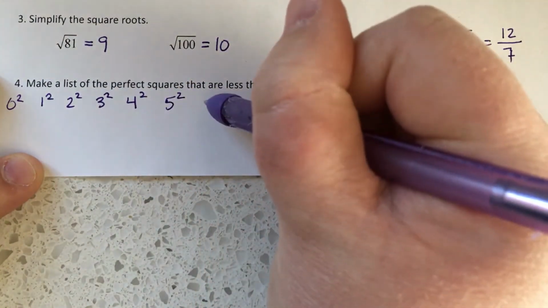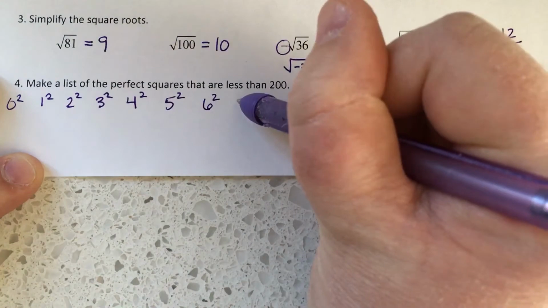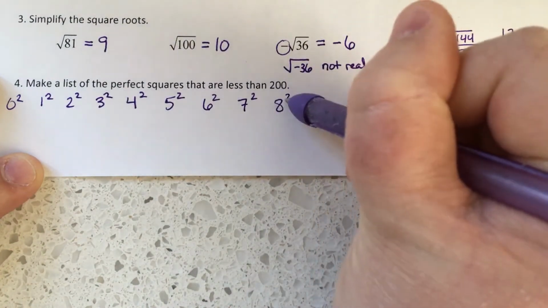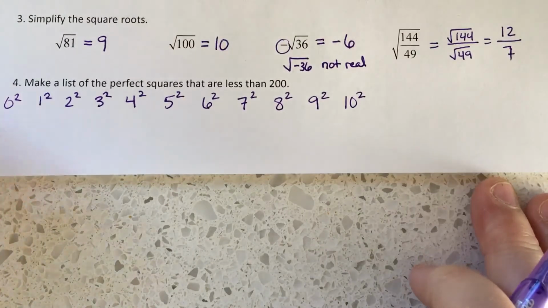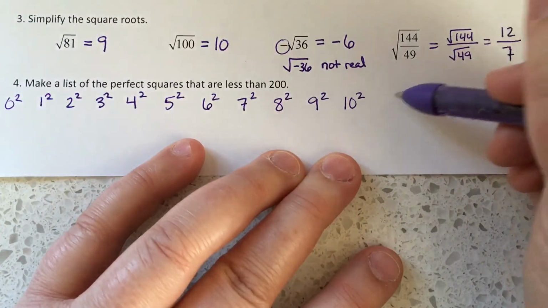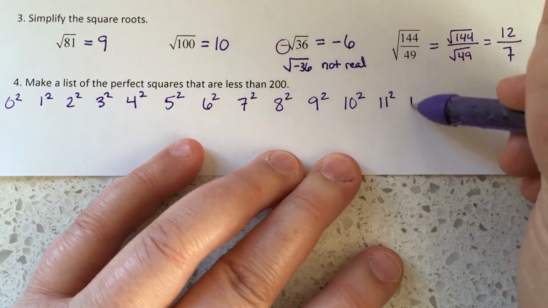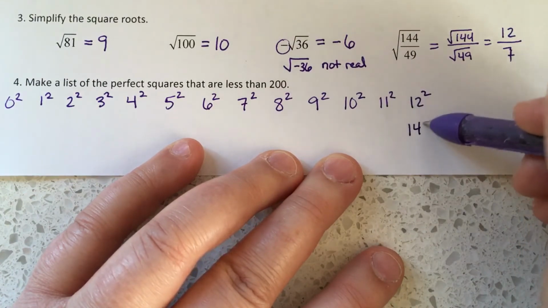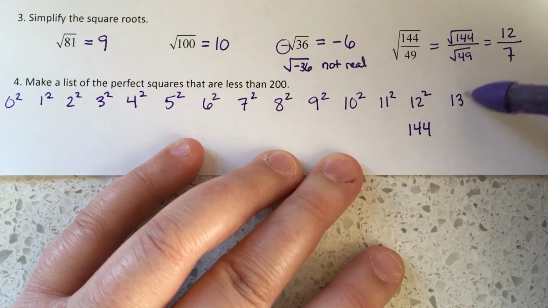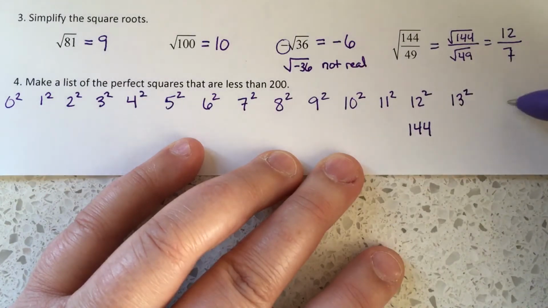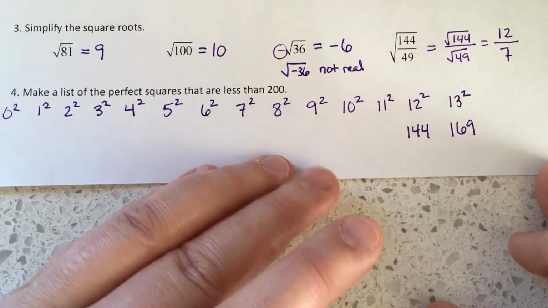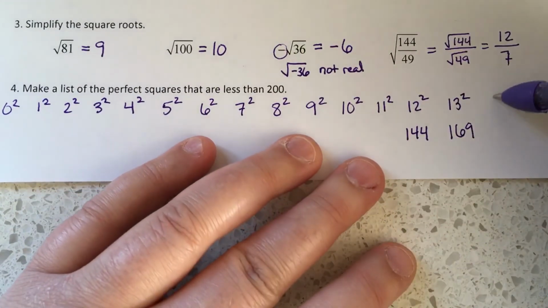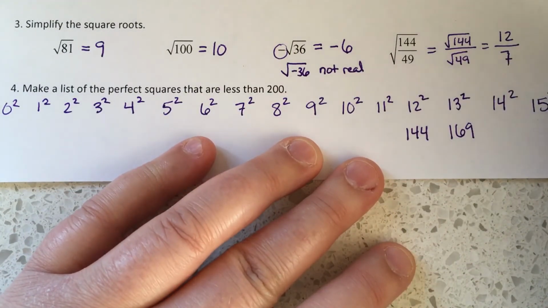And it says less than 200, so we need to make quite the list. 7 squared, 8 squared, 9 squared, 10 squared is 100, so we have to keep going to get to 200. And then 11 squared, 12 squared is 144. 13 squared, maybe we know that, maybe we don't. It's 169. We might start needing a calculator on this one. 14 squared, 15 squared.